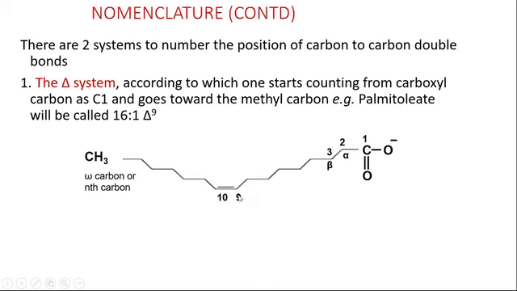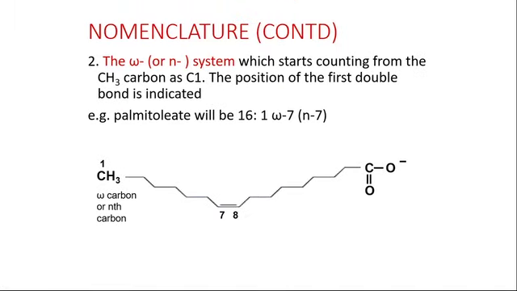So the carbon double bond is between 9 and 10. And then the other system I already explained to you is the omega. So if we have to name palmitoleate from the omega end, if this is the omega end, the same double bond, which was delta 9, becomes 1, 2, 3, 4, 5, 6, 7. So it becomes delta 9 or omega 7.